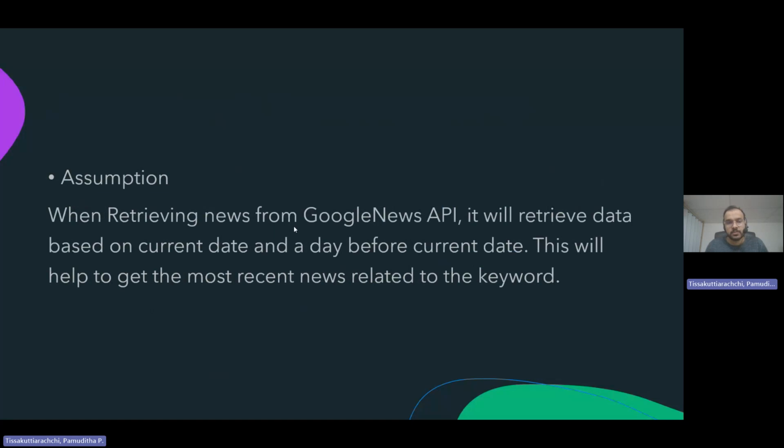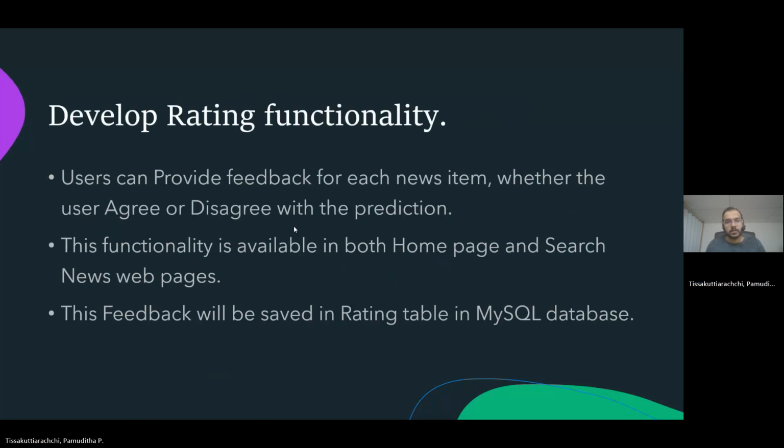The assumption for this search news functionality is that when retrieving news from the Google News API, it retrieves data based on the current date and the day before the current date. This helps to get the most recent news related to the keyword.